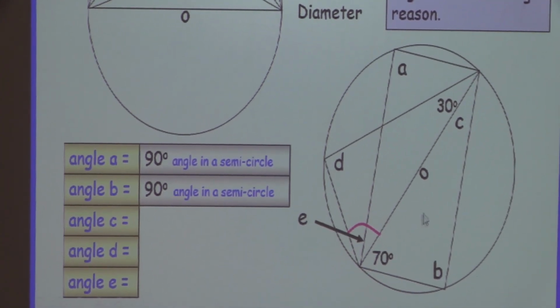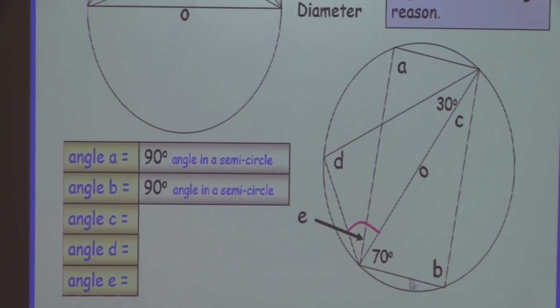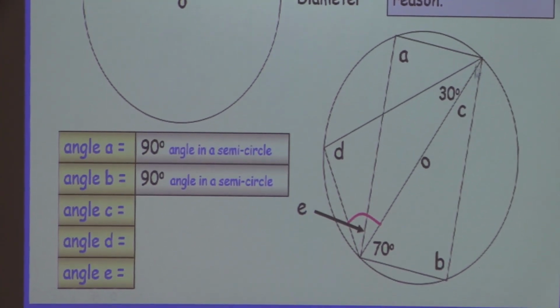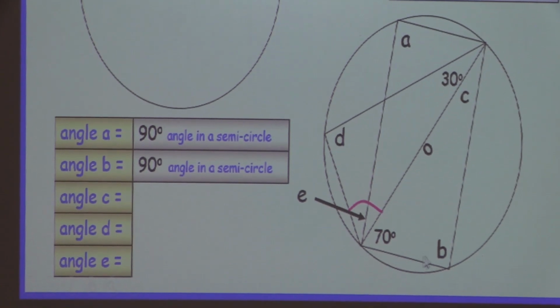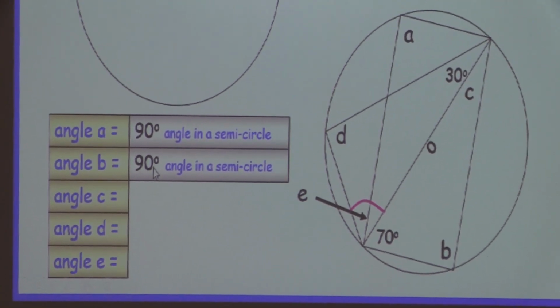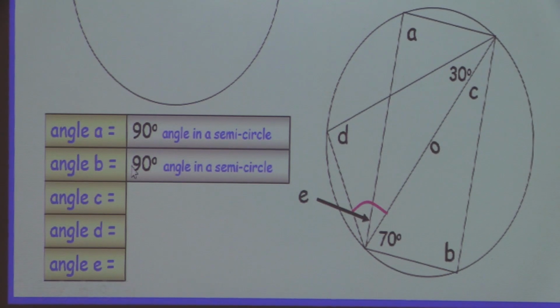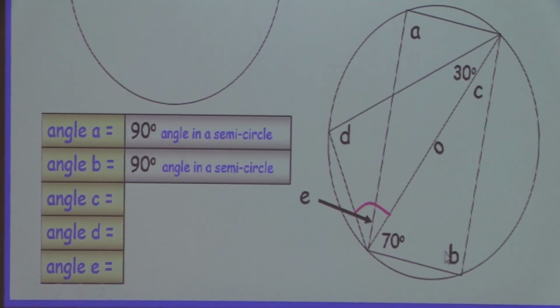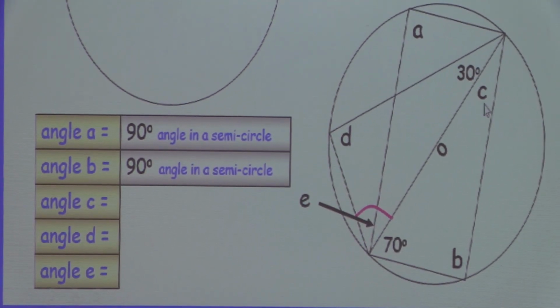Let's look at C. This is what C is. What is this called? It's called a triangle. What is the sum of interior angles of a triangle? Remember, we've already found B to be 90. Angle B is 90. So we've got 90 here, we've got 70 here, we're short of 20 to give us 180.